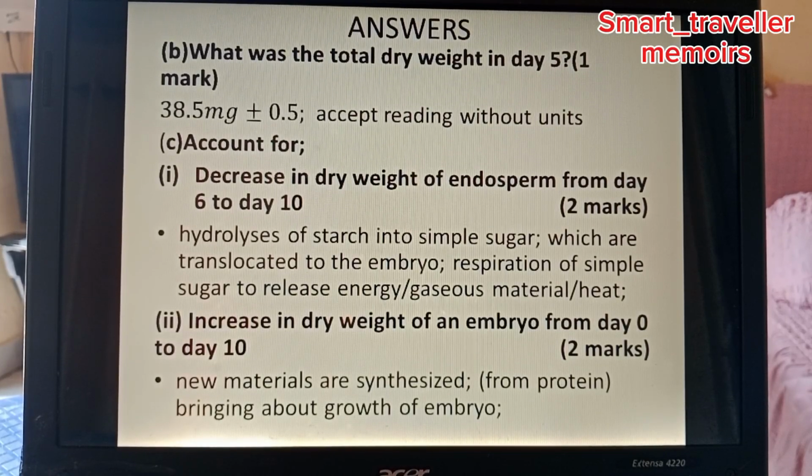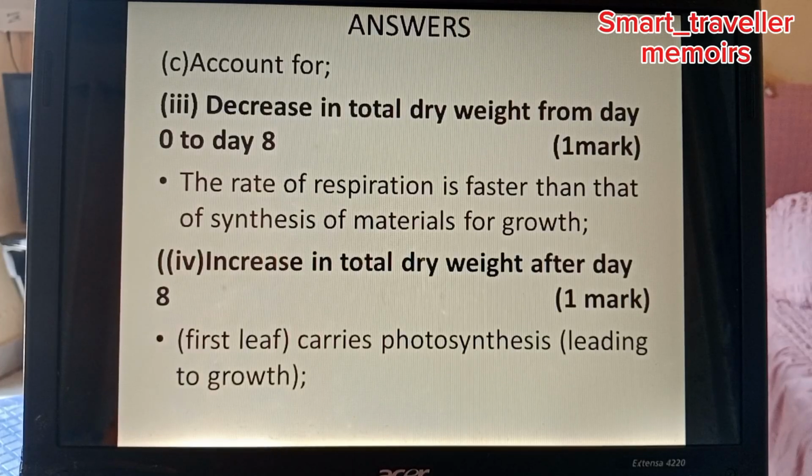Increase in dry weight of the embryo from day 0 to 10. Here, the reason is new materials are being synthesized from protein, bringing about growth of the embryo. Decrease in total dry weight from day 0 to day 8.